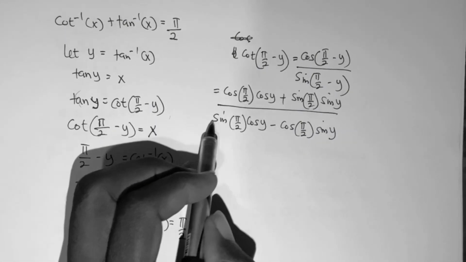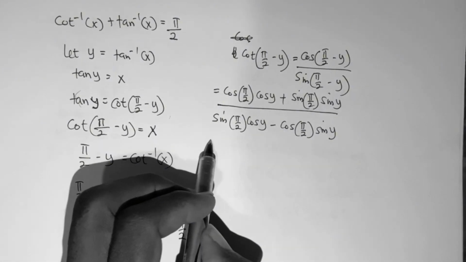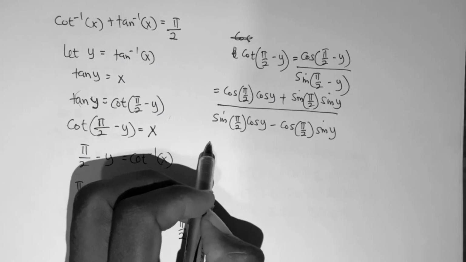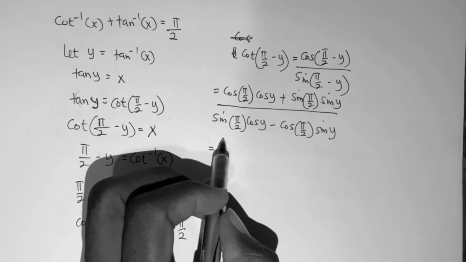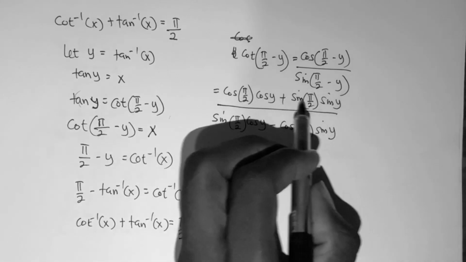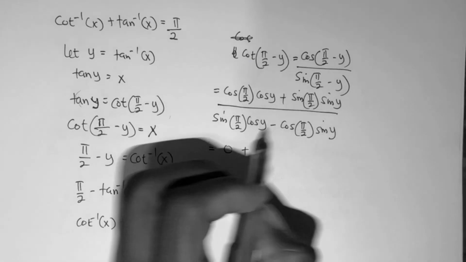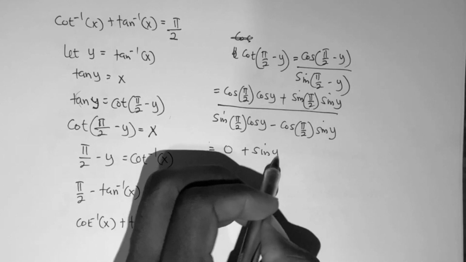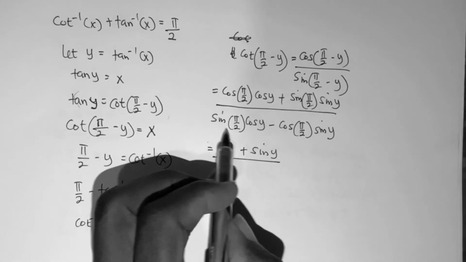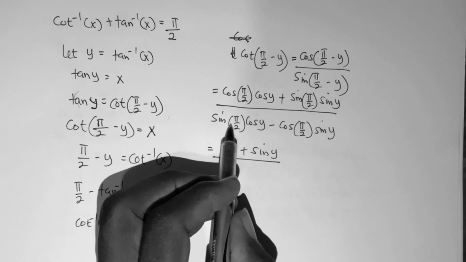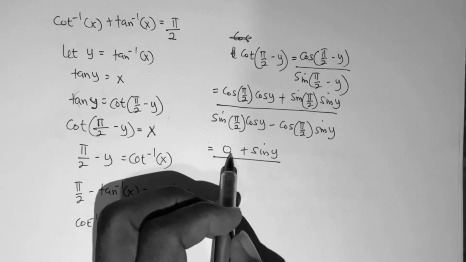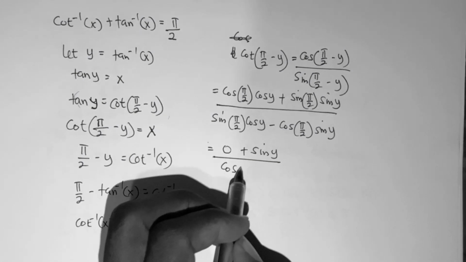Now, what is cos pi over 2? It's the same as cos 90. Cos 90 is 0. So this is equal to 0. Then sine pi over 2 is sine 90, which is 1. So plus 1 times sine y is sine y. Then divided by sine pi over 2, which is 1, times cos y will give cos y.